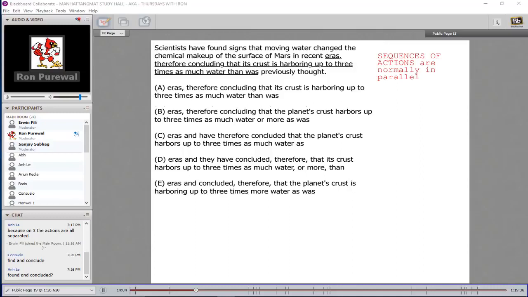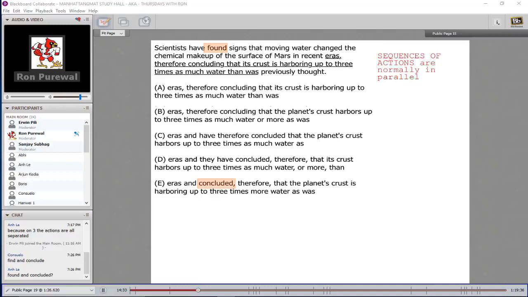We're going to get more into that in a second because there are some things that are not sequences of actions that are worth talking about here. But notice the "have" actually applies to both of these parts. Found and concluded, there should be an "and" in between those.